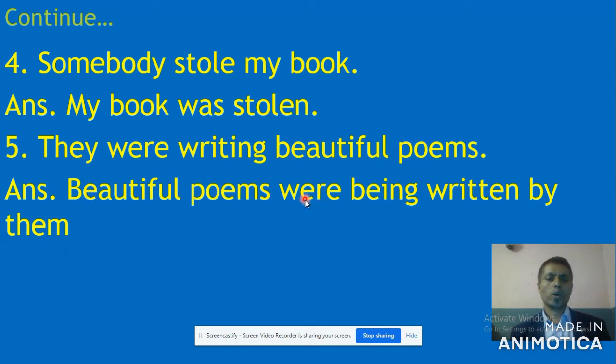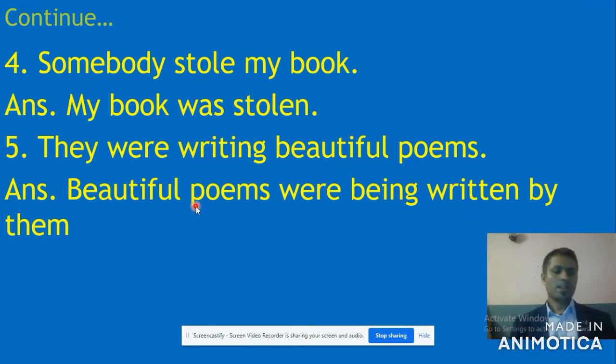Beautiful poems were: this is a plural subject, so plural verb, were. Then for the ing form, continuous form, we use being. Were being written. Written is verb 3, the past participle form of the verb.